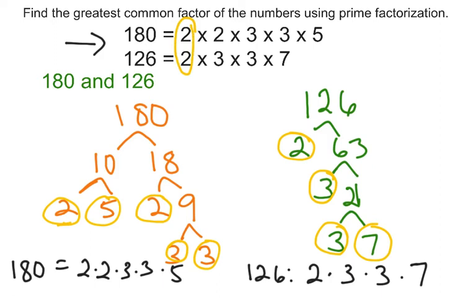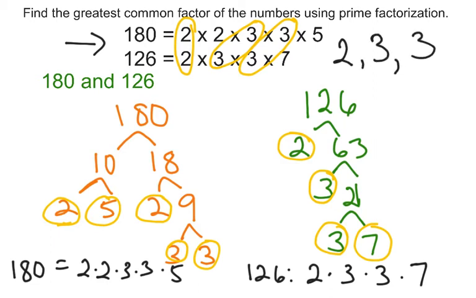I have another 2 on the top, but I don't have it on the bottom, so I'm not going to circle it. I have 3s, and I have a second set of 3s. This is, of course, why I don't put it in exponential form, so that you don't have to worry about keeping track as much.